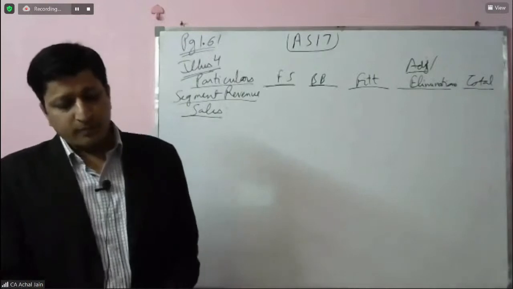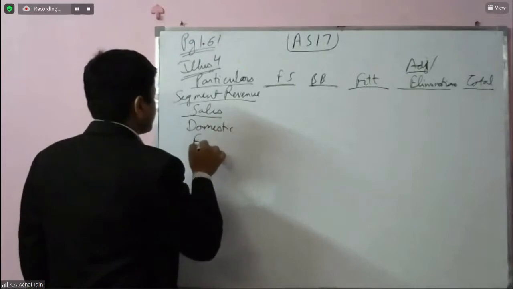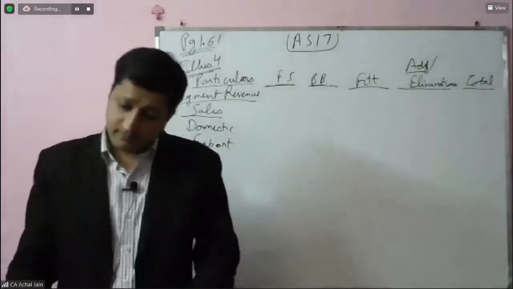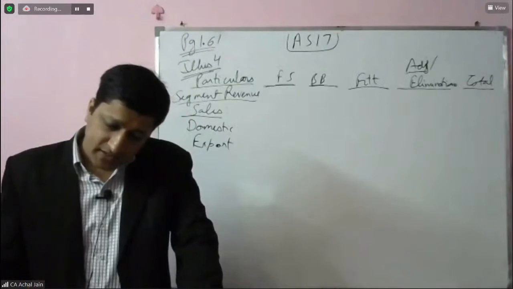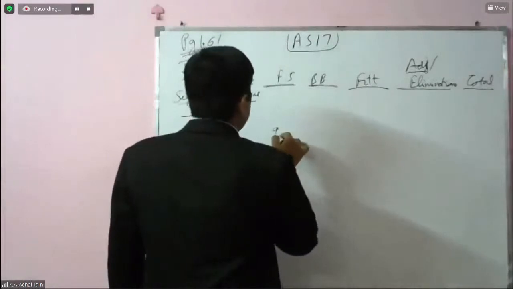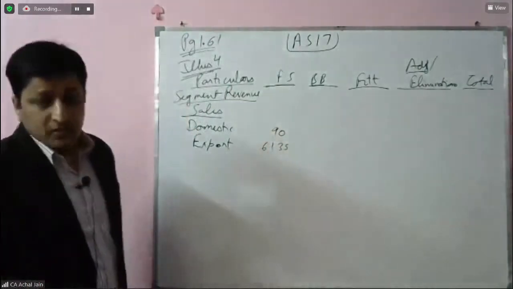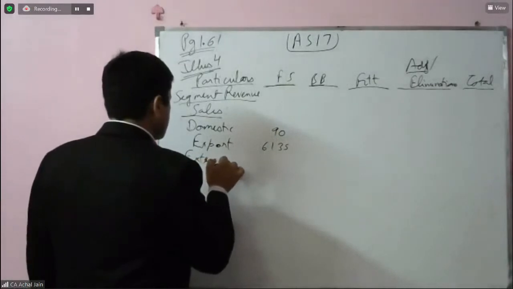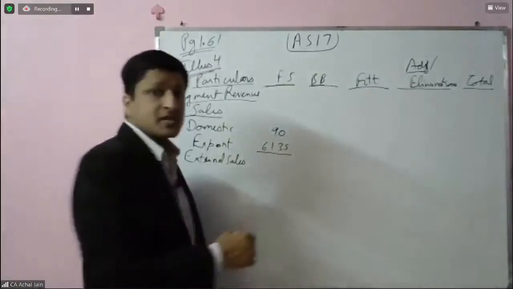So for forging shop, we can say forging shop has got domestic sale of 90 and export sale of 6135. Correct. So its total external sales becomes 6225.